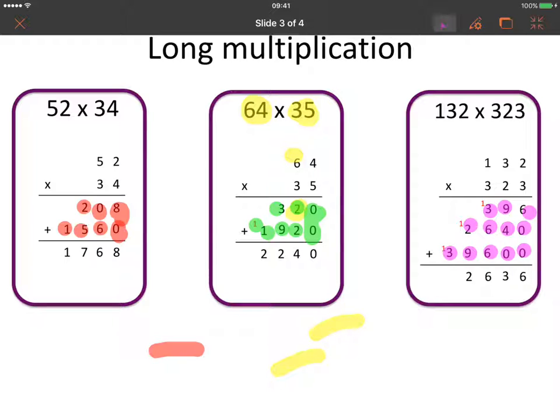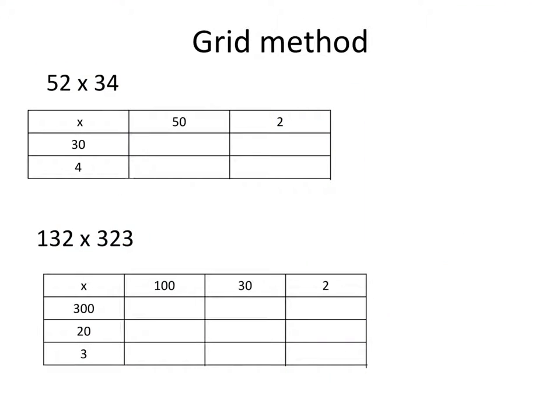So lastly I've got 3 add the 1, and that will give me 4. So 132 times by 323 is 42,636.